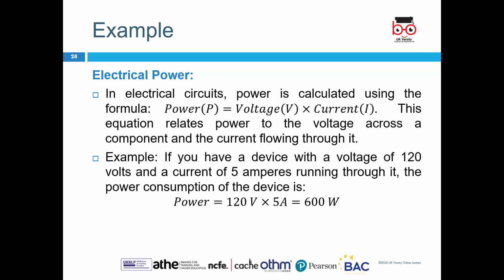So then we have electrical power. In electrical circuits, power is calculated using the formula power is equal to voltage into current. This equation relates power to the voltage across a component and the current flowing through it. So if you have a device with a voltage of 120 volts and a current of 5 amperes running through it, the power consumption of the device would be 120 volts into 5 amperes, which is 600 watts.